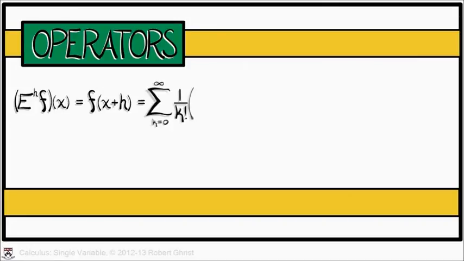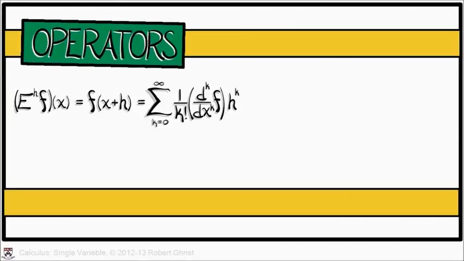If I take the Taylor expansion of this, it is the sum, k goes from 0 to infinity, of 1 over k factorial times the kth derivative of f evaluated at x times h to the k. Now for the moment, let's not worry about where we evaluate this so much. Let's try to rewrite this in the language of operators.